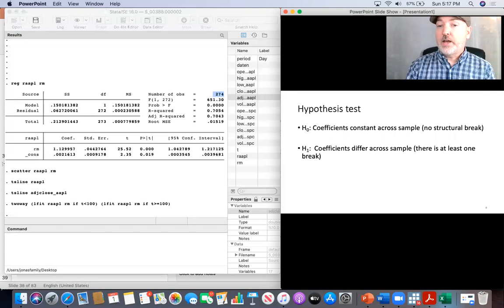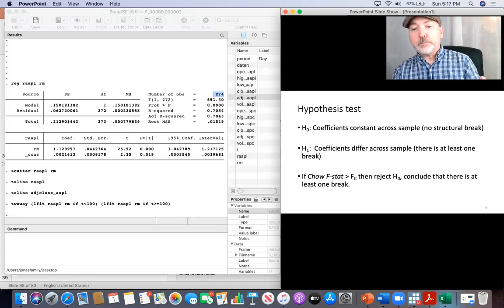We would reject that null and conclude that the coefficients do differ across the sample, that there is at least one break within our sample. And that's where we get our conclusion. If our Chow F-statistic is greater than that critical value at a reasonable level of significance, say 5%, and the correct degrees of freedom, reject the null, conclude that, yes, we do have a structural break at the point tested.